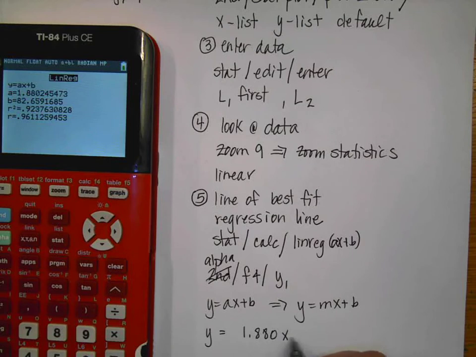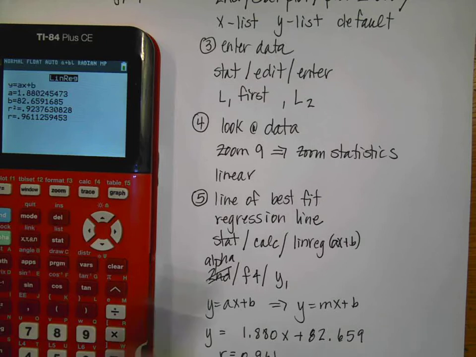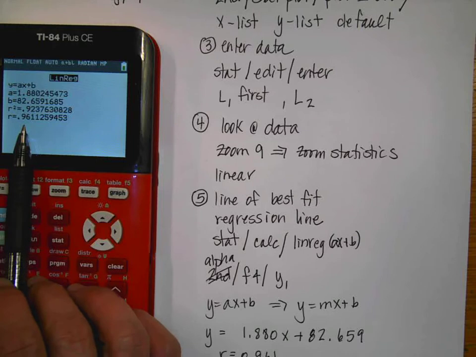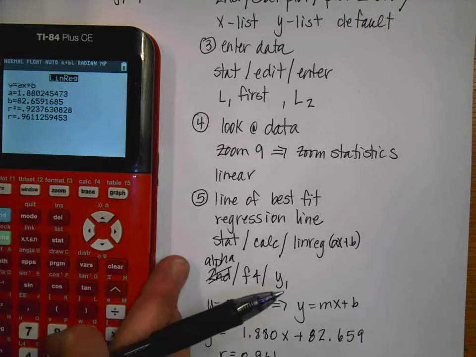And remember, I'm rounding to the third decimal. It's 1.880x plus 82.659. And it tells me R, and I'm going to write that down, 0.961. If your R is not turned on, I will show you how to do that in a moment.